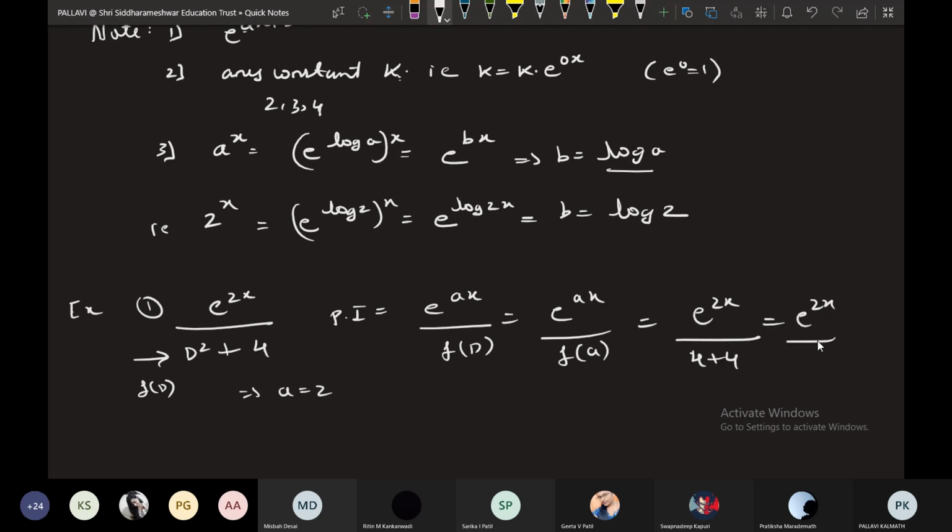So e raised to 2x upon 8. Understood? Here the value of a is what we have, so you replace d with a. So d squared will be a squared, which is equal to 4. Clear?